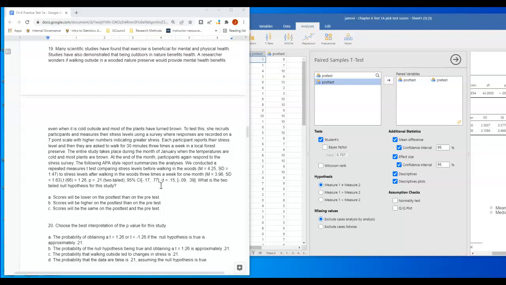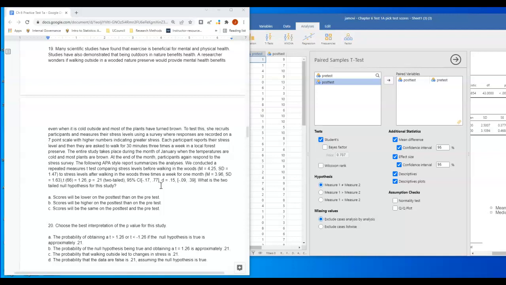To test this, she recruits participants and measures their stress levels using a survey where responses are recorded on a 7-point scale with higher numbers indicating greater stress. Each person reports their stress level and then they're asked to walk for 30 minutes 3 times a week in a local forest preserve. The entire study takes place during the month of January when the temperatures are cold and most plants are brown. At the end of the month, participants again respond to the stress survey.